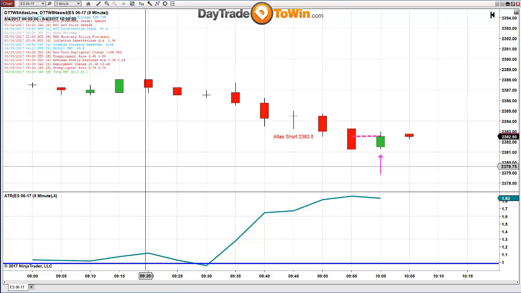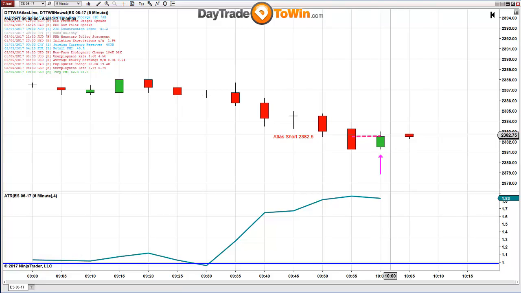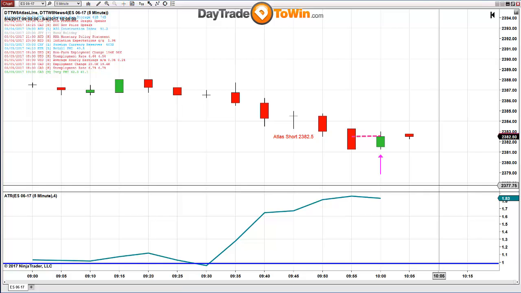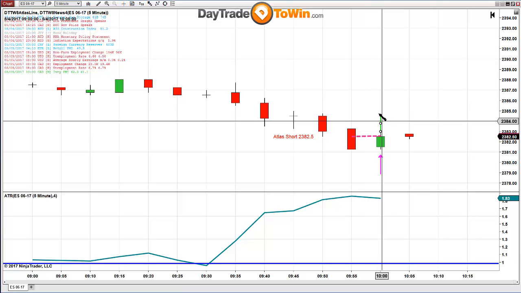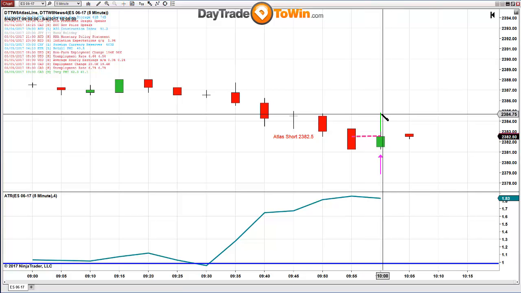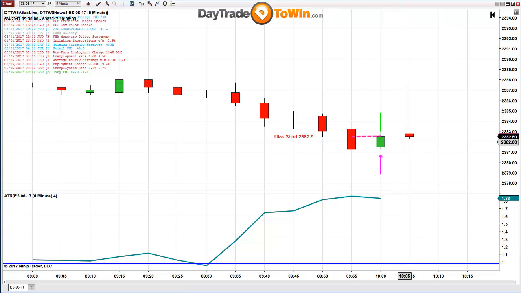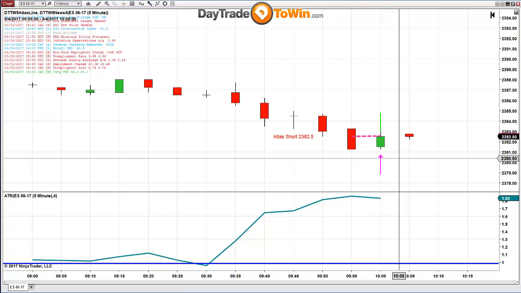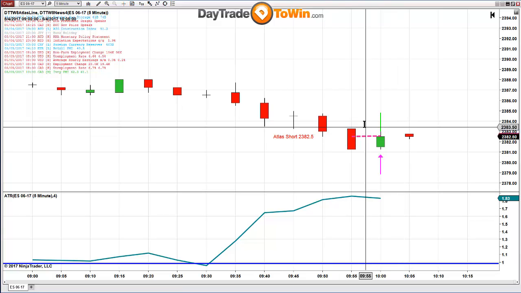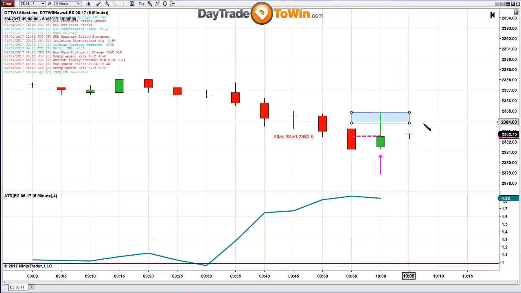When I look at this signal here to go short at 23.8250, the good thing about this short signal is the risk. If this market comes up and decides to continue higher, and I'm short this Atlas line signal, the rule for the prove it stop would be any candle closing on the opposite side of the Atlas line.